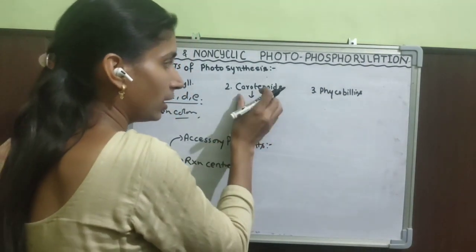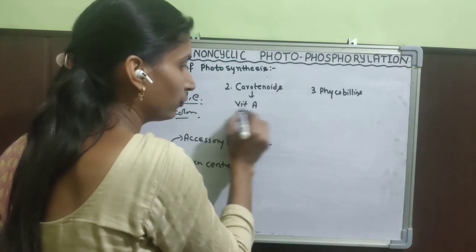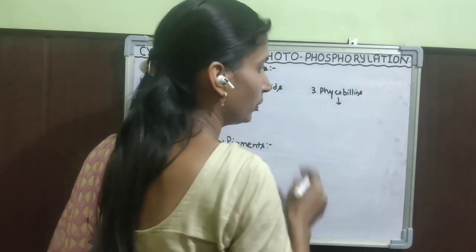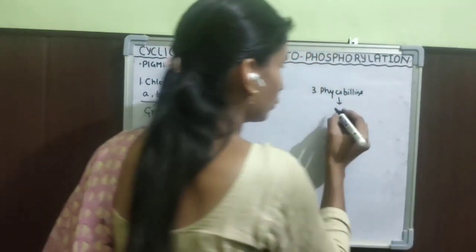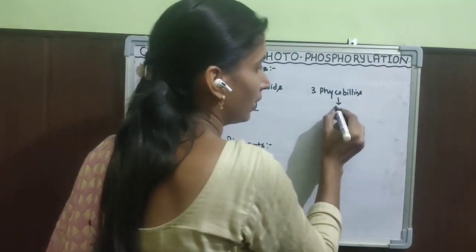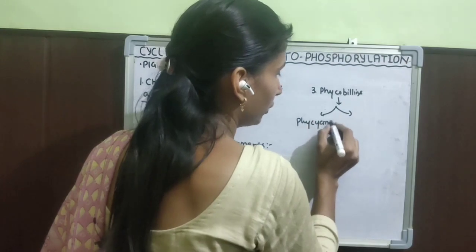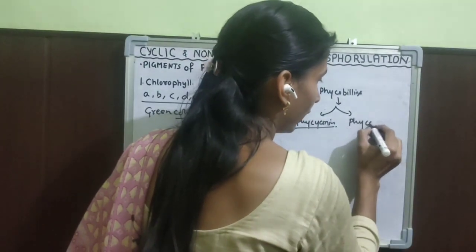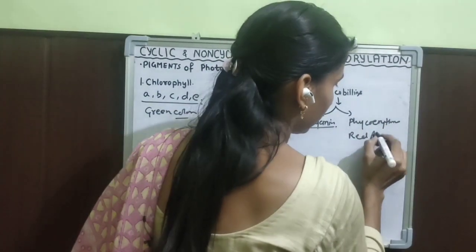These are mainly precursors of vitamin A and various other vitamins. The phycobilins are mainly present in algae. They are of two types: phycocyanin, which produces the blue-green color in blue-green algae, and phycoerythrin, which is found in red algae.